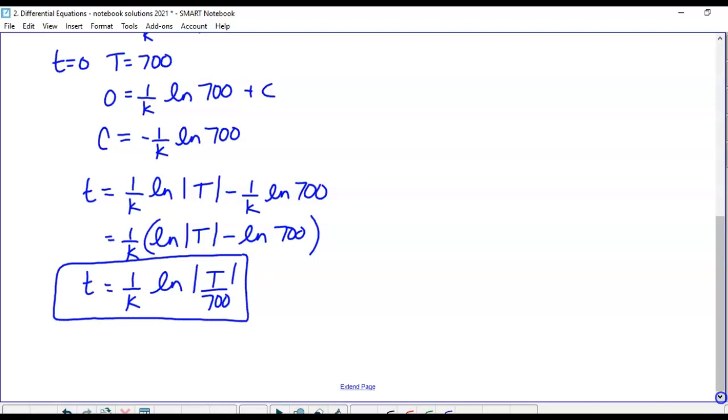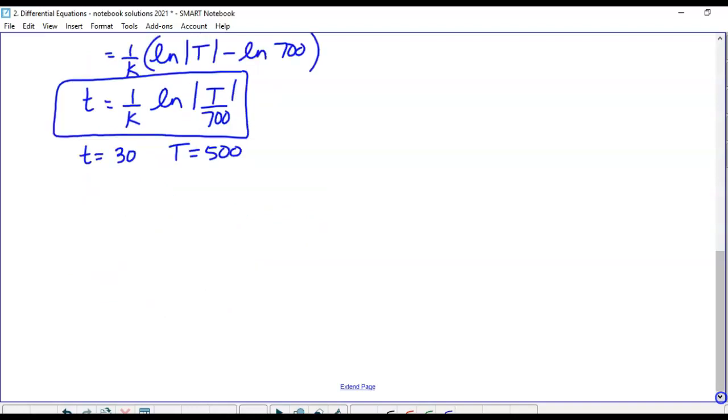We need to find out what K is, right? So in this situation, what is K? So we do know that the initial temperature was 700, then it falls to 500 in 30 seconds. So at t equals 30, the temperature is 500. So we need to figure out what K is.